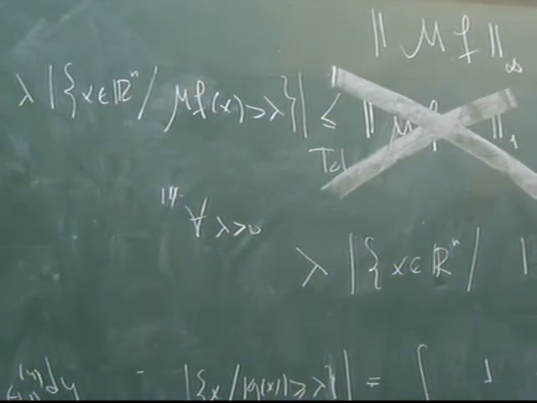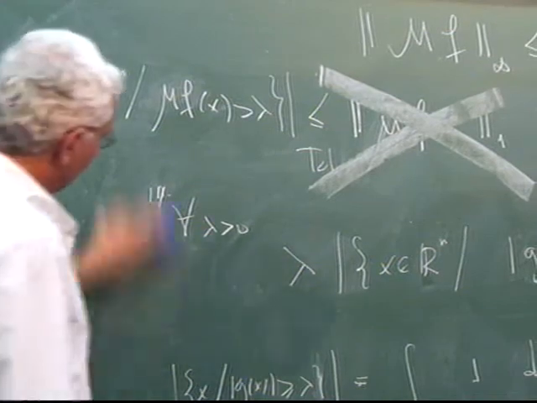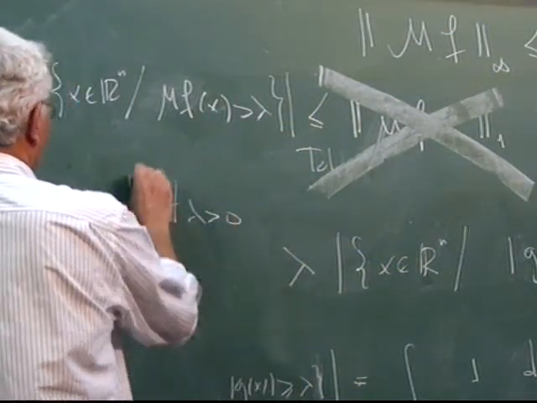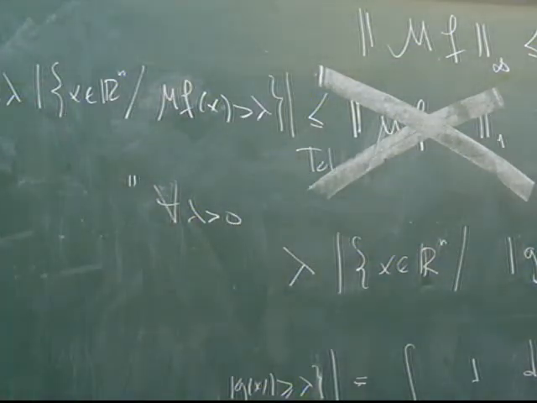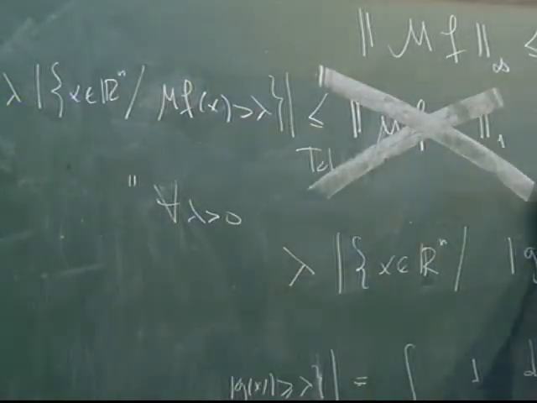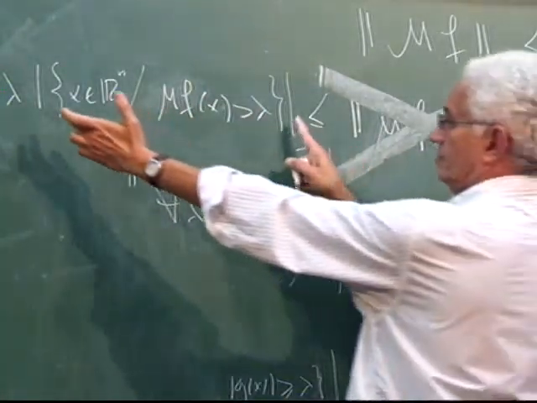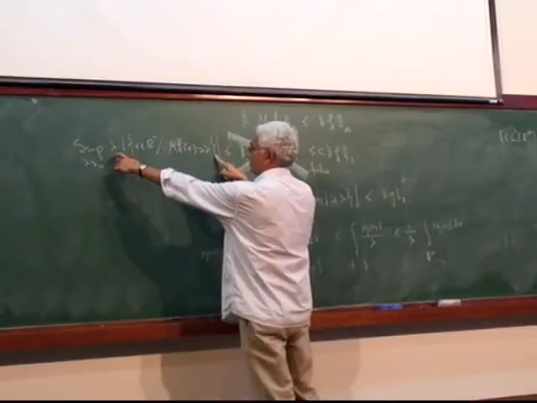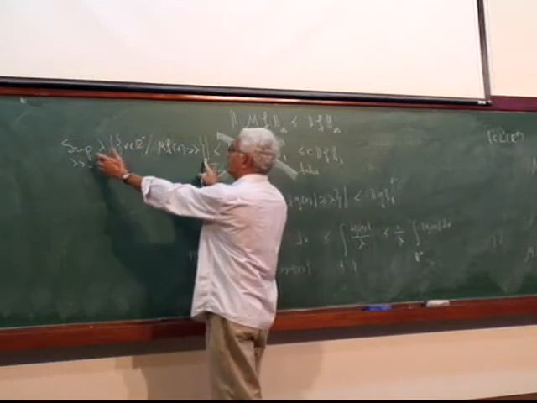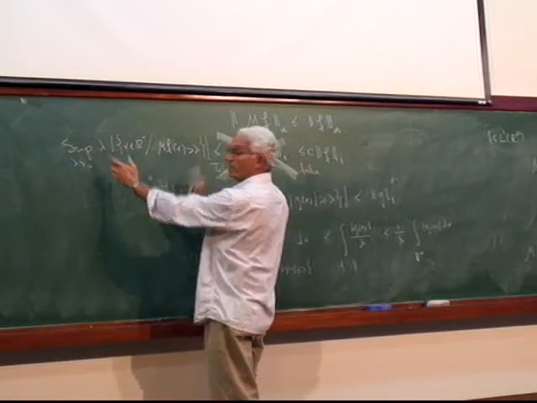Okay? And this is good enough because we have something called the Marcinkiewicz theorem that says if you bound this, in the kind of sense that is defined, if this is finite, this is said to be L1 weak.